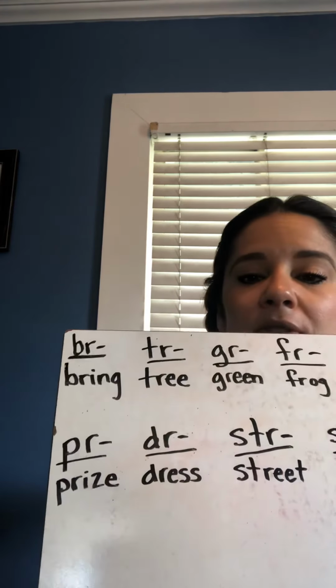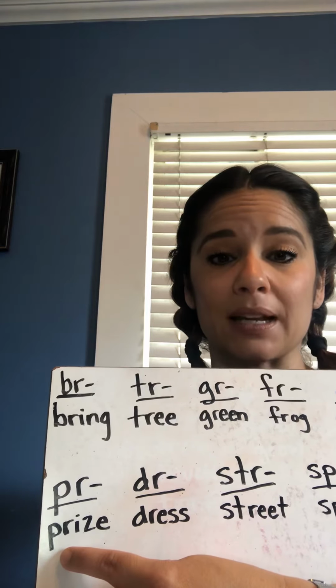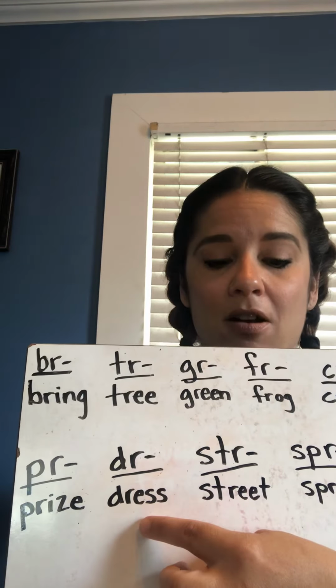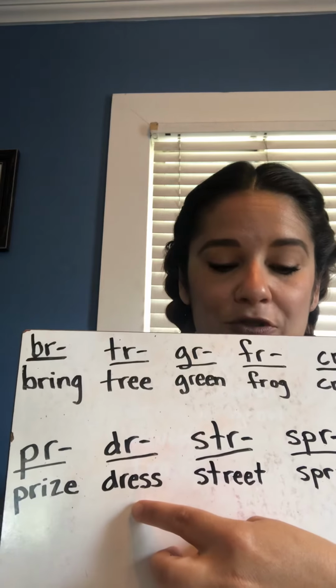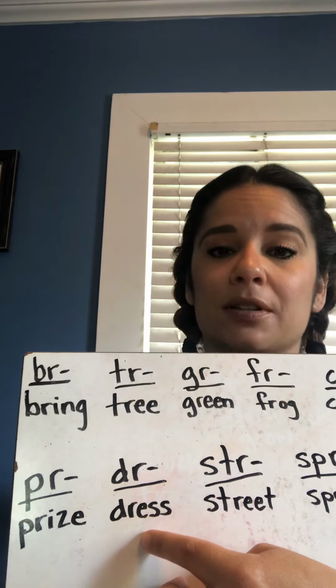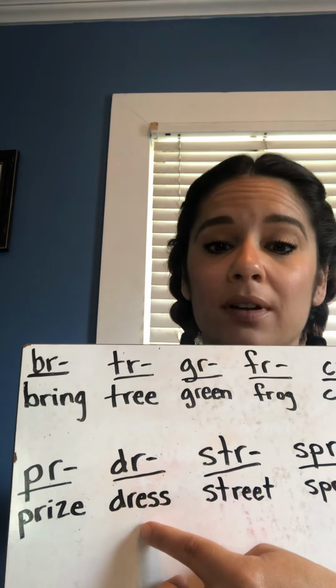Then I'm going to go back over this side for PR. It's kind of hard. We have prize. What about the word pretty or print? And DR. We have dress. What about the word drive, drop, dry, drink, drone?